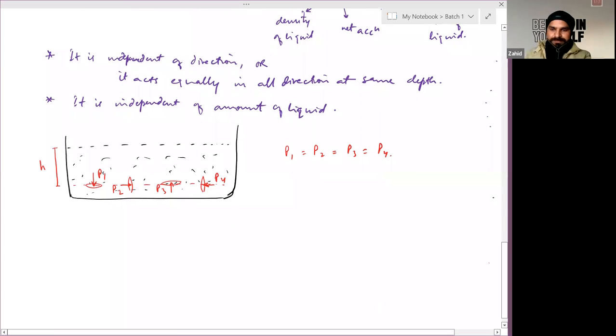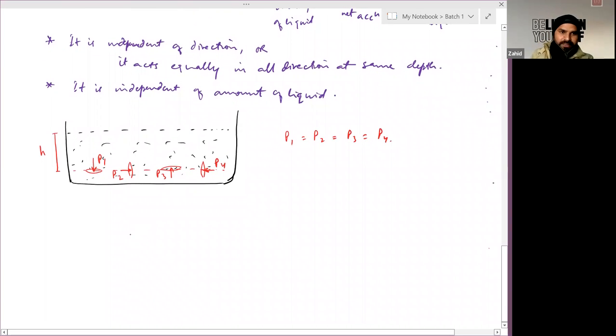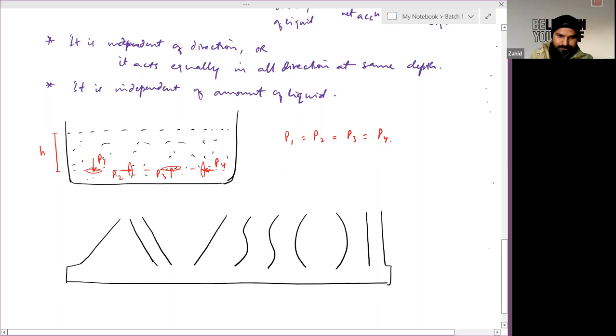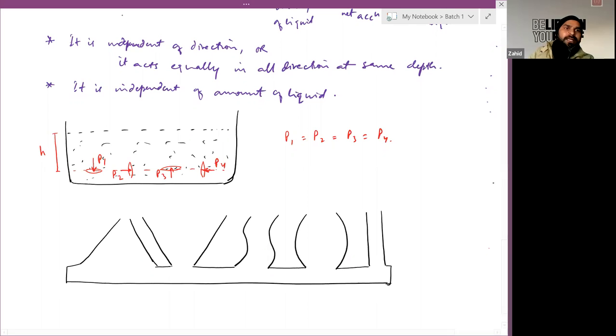Similarly, the next question will be, suppose you have a connecting tube, which may have different shapes of vessel connected together. Like this.